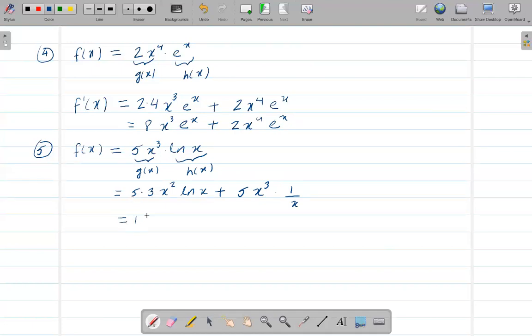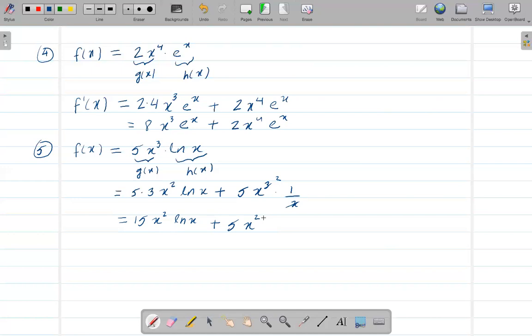Which will be 15x squared natural log of x plus this x cubed on the top and this x on the bottom. I can cancel this. So on the top, we'll just have 5 times x to the power 2, or 5x squared. And yeah, that's all you can do.